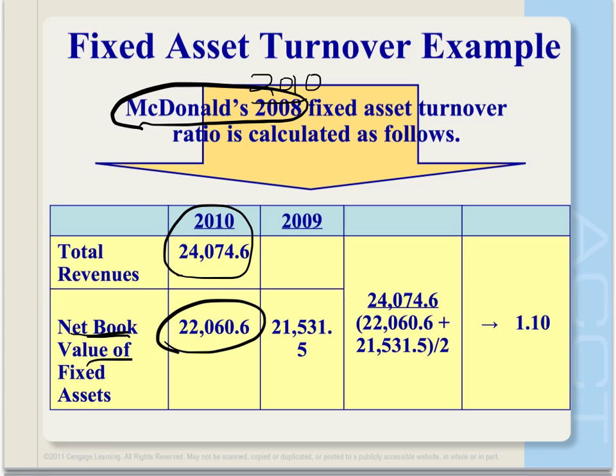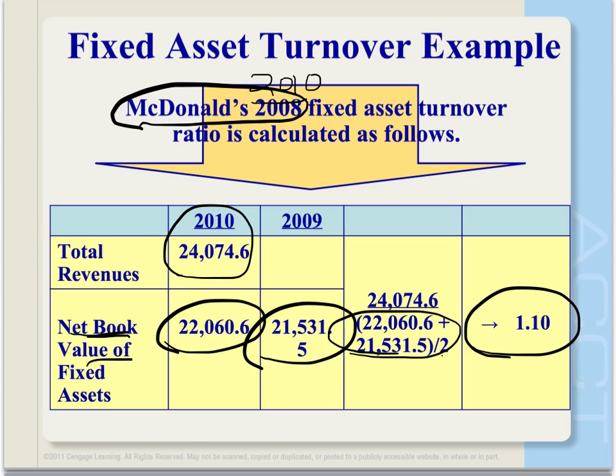So the ending is 22 and the beginning is 21. We add both of those together, divided by 2, gives us 1.10, which is the ratio. So for total revenues for 2010, the average net book value of its fixed assets is 1.1 times.